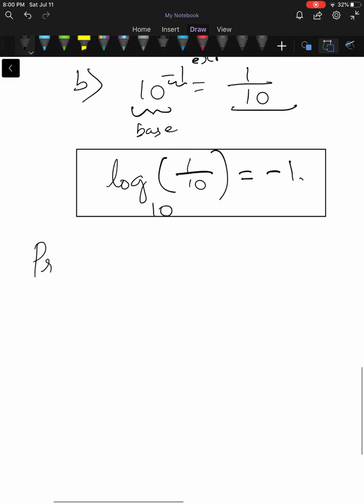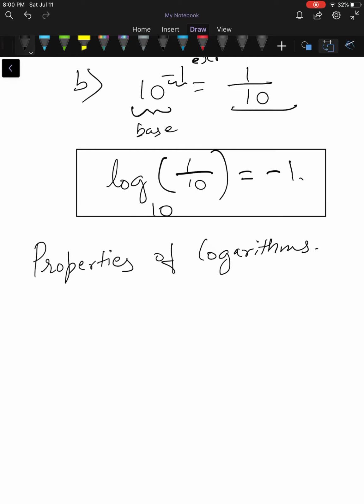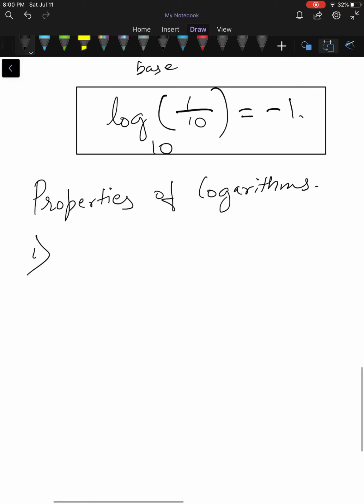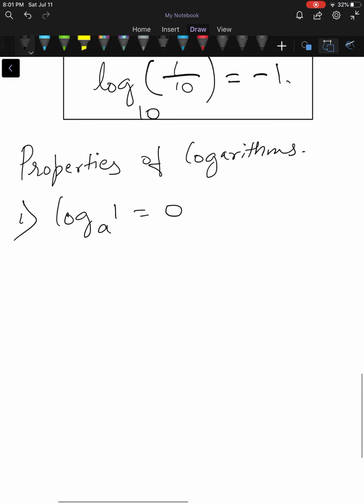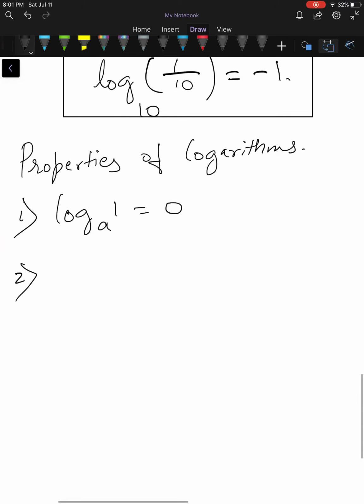Next we will learn about properties of logarithms. So the first one, log to the base a of 1 is 0.